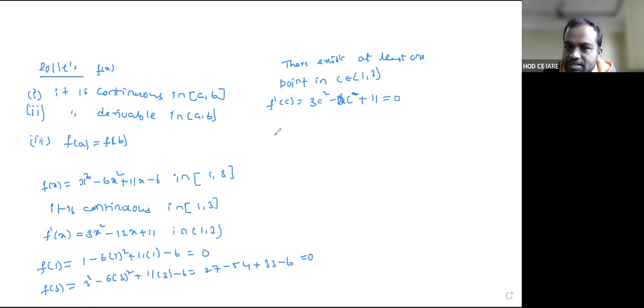We find the roots of this. We know that x is equal to minus b plus or minus root of b square minus 4ac, by 2a. So here, minus of minus 12, that is 12, plus or minus square root of 12 square, which is 144, minus 4 into 3 into 11, which is 132.